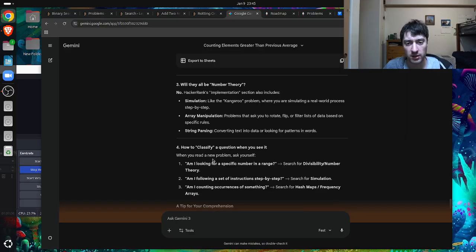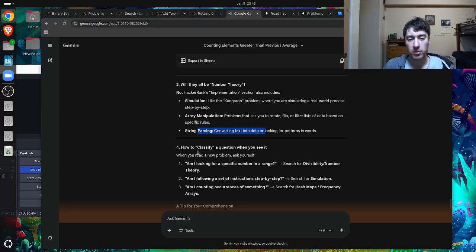No, HackerRank's implementation section includes simulation, like the Kangaroo one that we just did, array manipulations, problems that have you rotate, flip, or filter lists of data based on specific rules, and string parsing. Okay, so simulations, array manipulations, and string parsing.